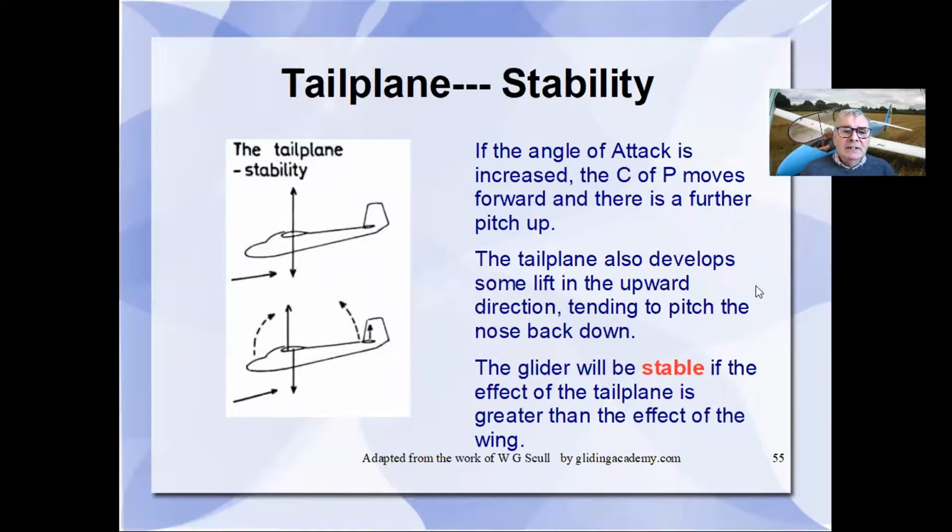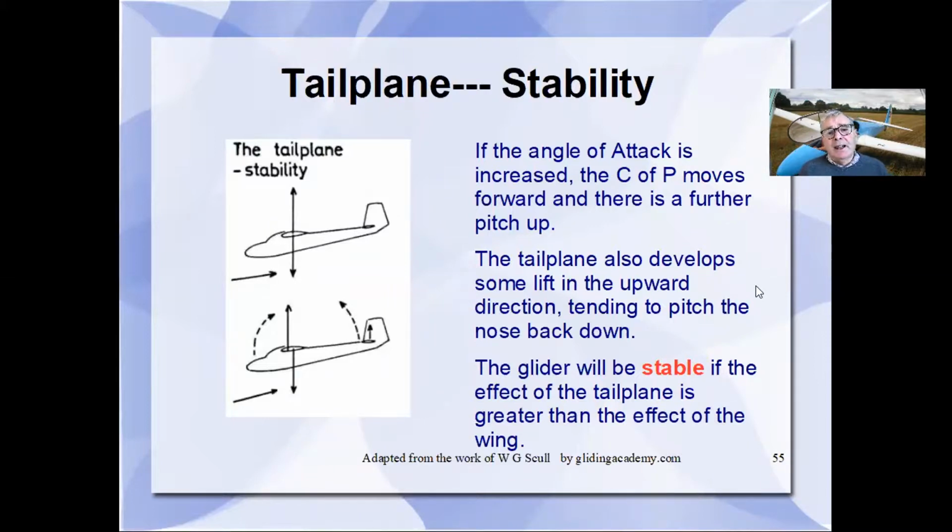Stability, on the other hand, is dealt with by the tailplane in the following way. If the angle of attack is increased, the center of pressure moves forward, and there's a further pitch up action from the center of pressure moving.